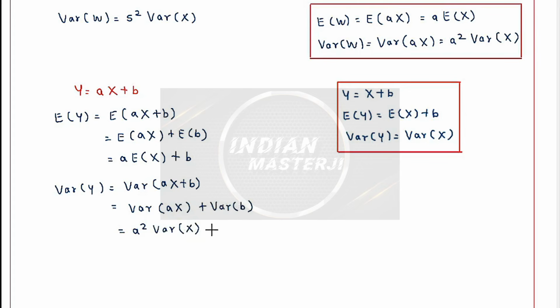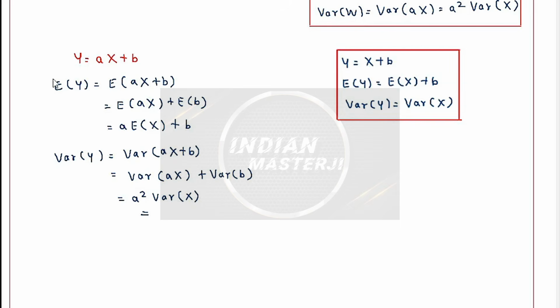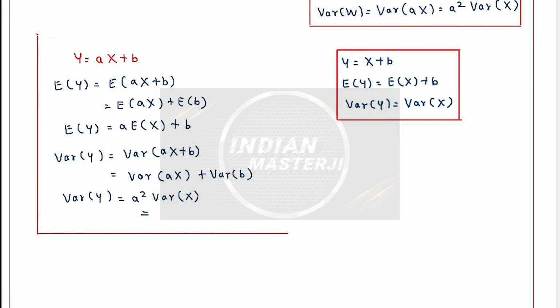So the variance of b will be 0. So I can write the variance of y is equal to a square into the variance of x. Correct? Let me bring it here. So this is the third property of the linear function of any random variable, which we need to understand.